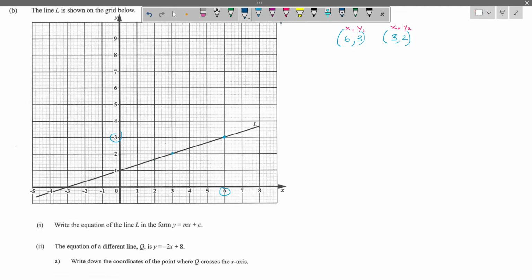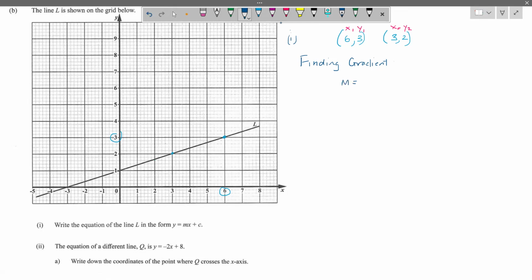All right, so you see I take my points and label them x1, y1, x2, y2. I state what I'm finding, the gradient.